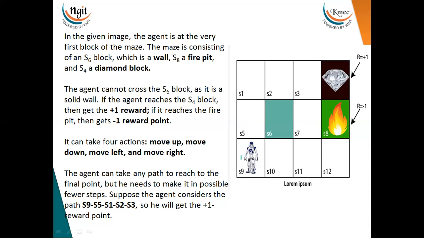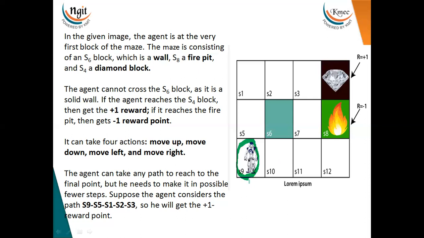Now your robot is situated in the block S9. S10, S11 and S12 are plain blocks from which the agent can move. What are the possible actions that the agent can take? The agent can take 4 actions: it can move in 4 directions, up, down, left, and right.